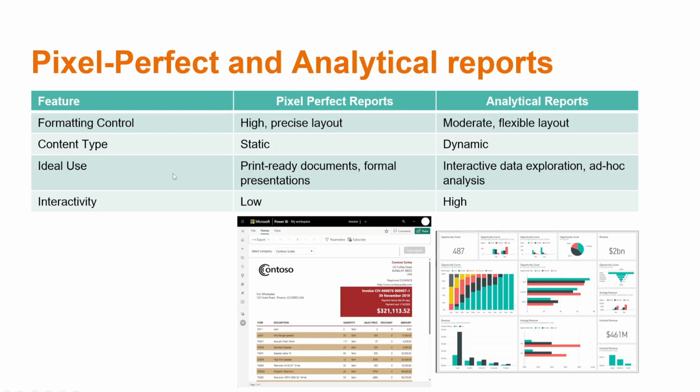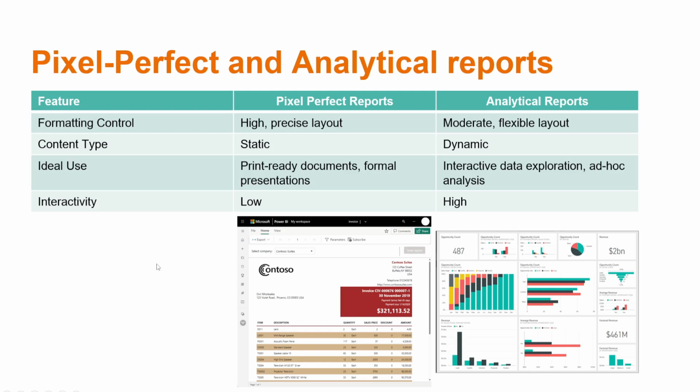Here we can see the high level feature differences between a pixel perfect report and an analytical report. You can see that formatting control required for a pixel perfect report is high, and it requires a precise layout. When it comes to analytical reports, it requires only a moderate and flexible layout.